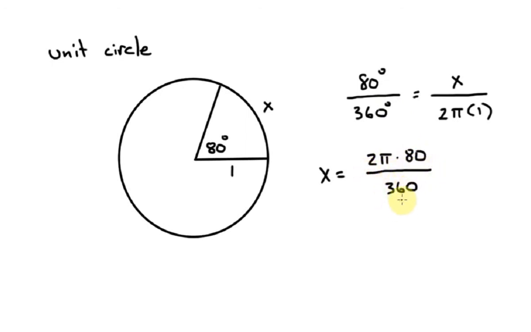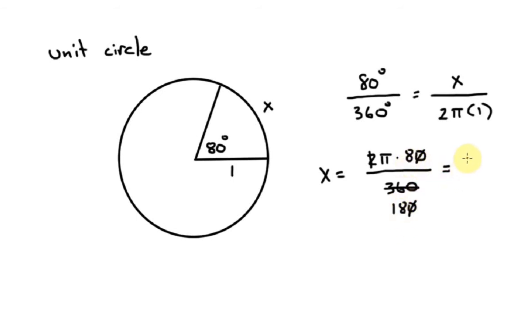Now, I'm not going to bother with my calculator. I'm just going to simplify this and leave it as an exact number. 2 divides into 360 very nicely. Then we can divide each of these by 10, so we can get rid of those zeros. And then I got 8 over 18.